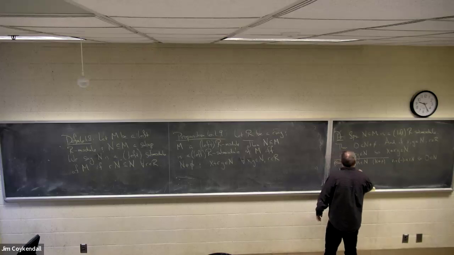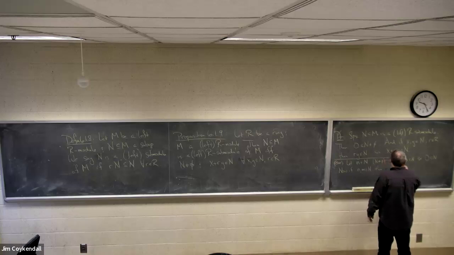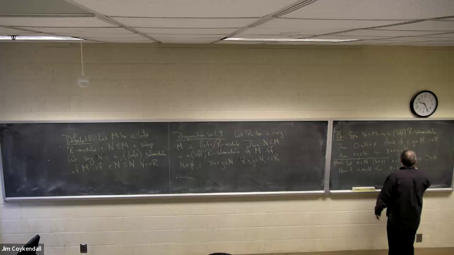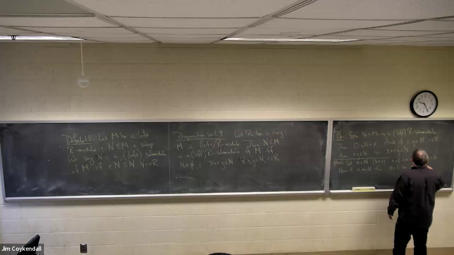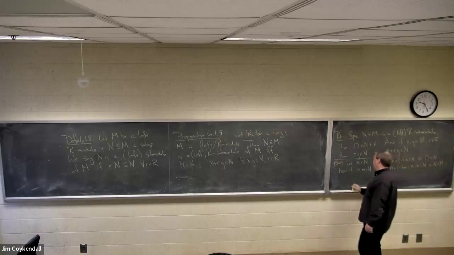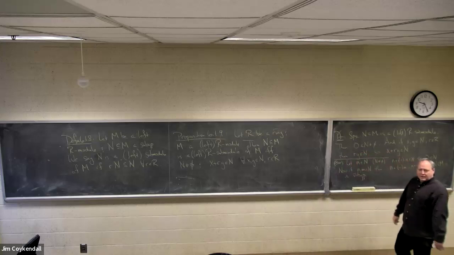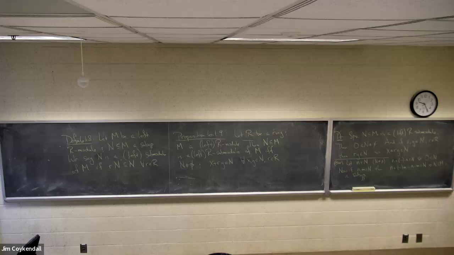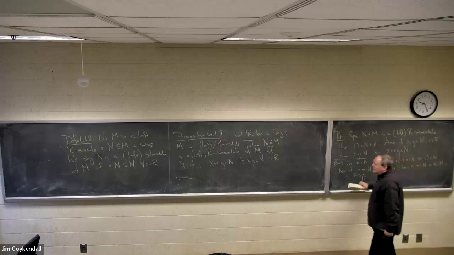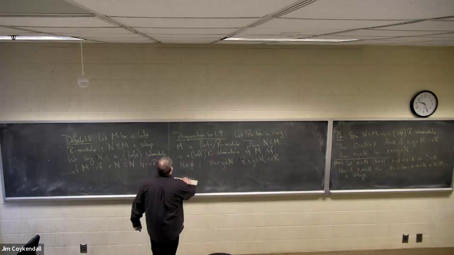Now, if n and m are in N, then n plus -1 times m, which equals n minus m, is in N. So N is a subgroup, because given any two elements x, y, the element x minus y is in there. So that's the subgroup criterion. I've got that laid out.